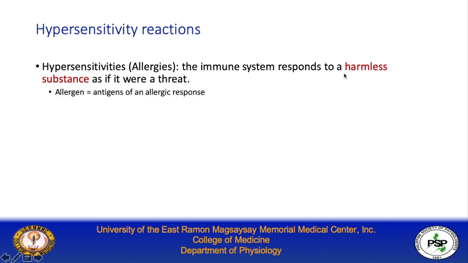Example of this would be pollen, dust, certain drugs, etc. And acts as if it was a threat. For this case, the one that induces the hypersensitivity reaction or allergic response is what we call your allergen.